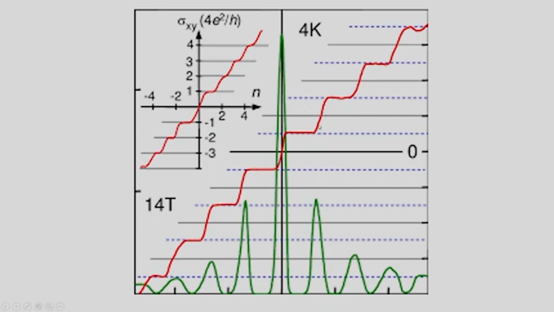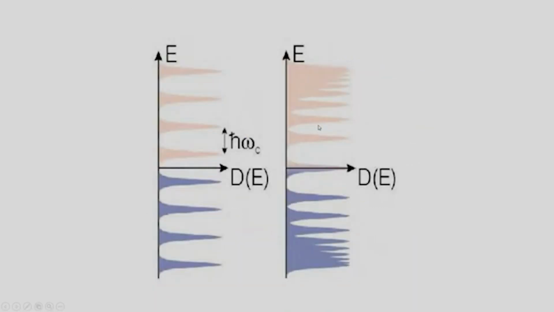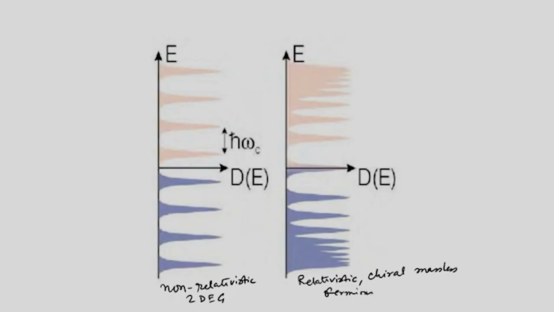And so, this is the quantum Hall effect in graphene, and if you want to see the difference between non-relativistic, so this is the non-relativistic 2DEG, and this is relativistic, that is graphene with chiral massless fermions, where you see the density of states plotted as a function of energy, and you see that the density of states is bunched here and here.